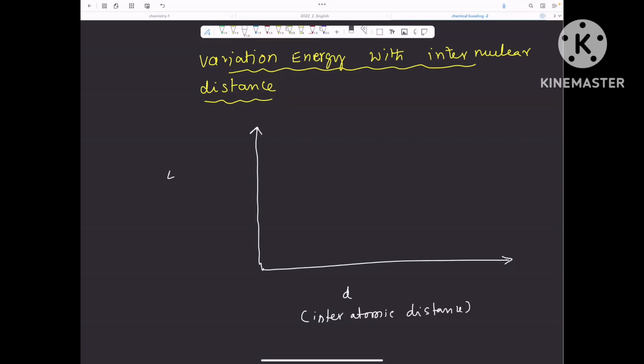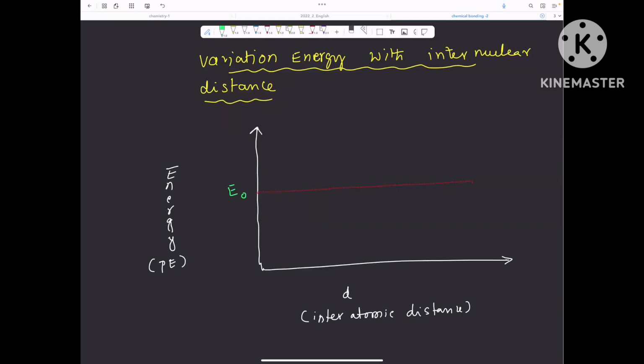This is energy. Strictly speaking, we should call it potential energy. Let us have a line. This line corresponds to zero point energy.